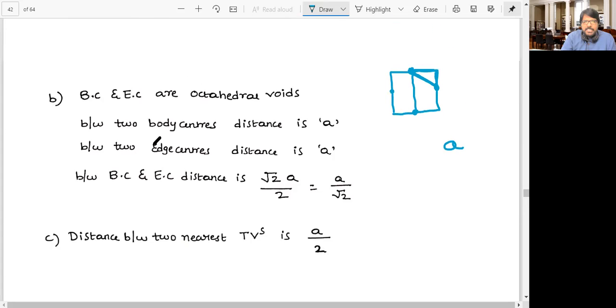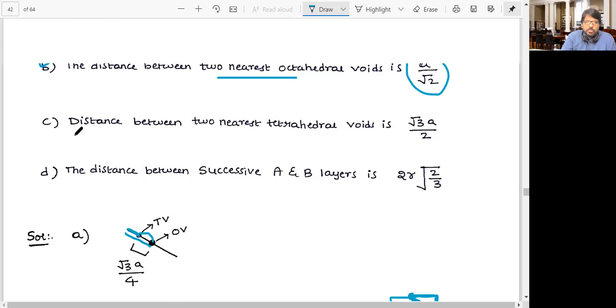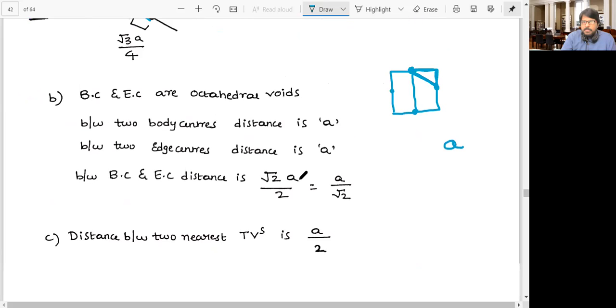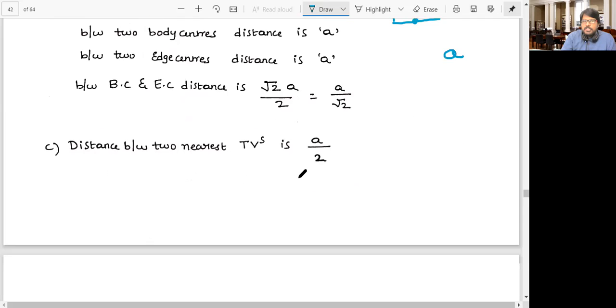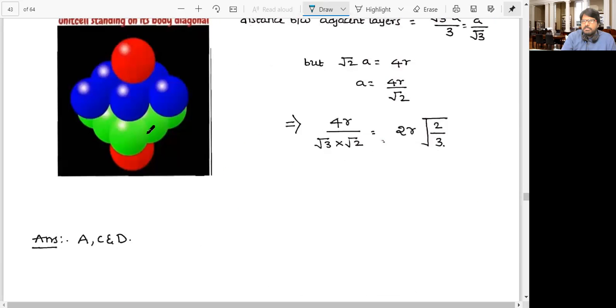But what did he give? In the options, he gave root 3A by 2. That is wrong. And the distance between successive A and B layers, actually, in the previous question we already solved the distance between two consecutive layers.